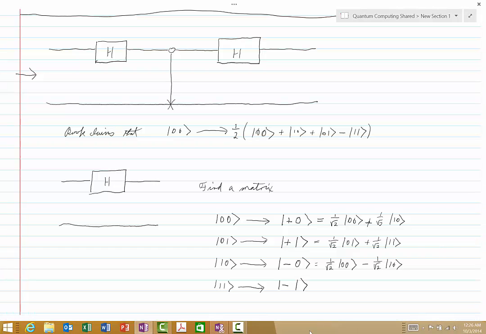And then for the last one, 1 over the square root of 2, 01, minus 1 over square root of 2, 11.